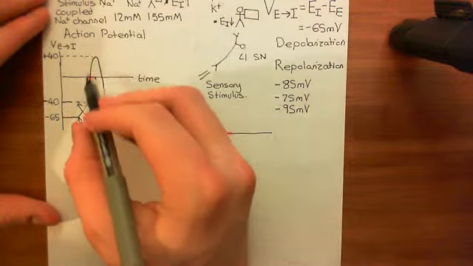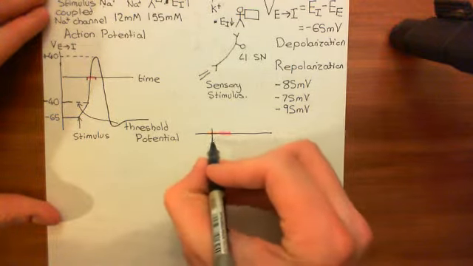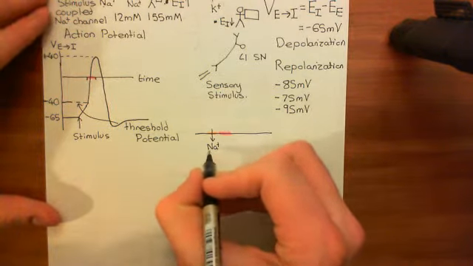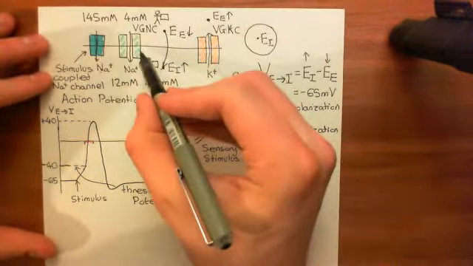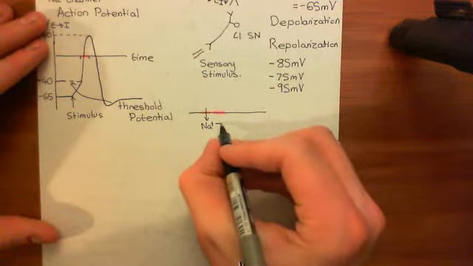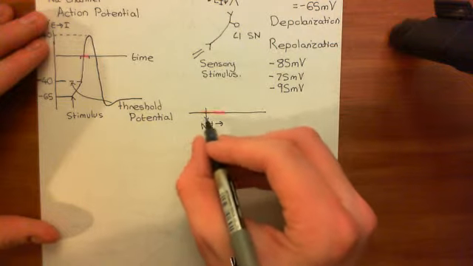And what causes you to go up this spike? Well, it's sodium ions coming into the cell, so you're bringing a few sodium ions into the cell through these voltage-gated sodium channels mainly. Okay, now these sodium ions will diffuse away from this portion of membrane, basically.